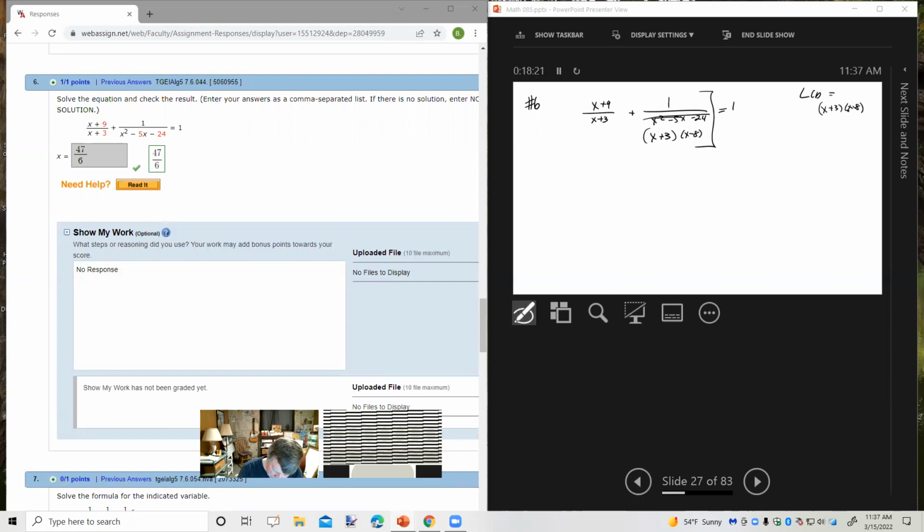Okay, so I'm going to multiply the left side of the equation by (x+3)(x-8) and the right side by (x+3)(x-8).